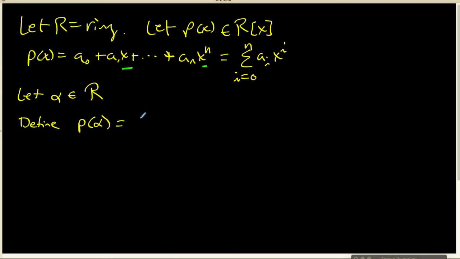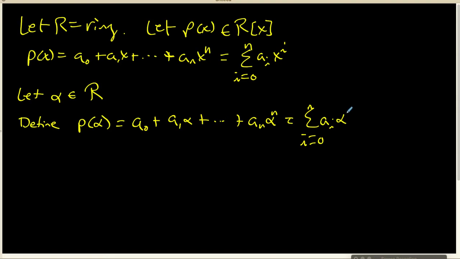So this is going to be a sub 0 plus a1 alpha plus all the way up to an times alpha to the n. Or in sigma notation, it's going to be the sum as i goes from 0 to n of a sub i times alpha to the i.